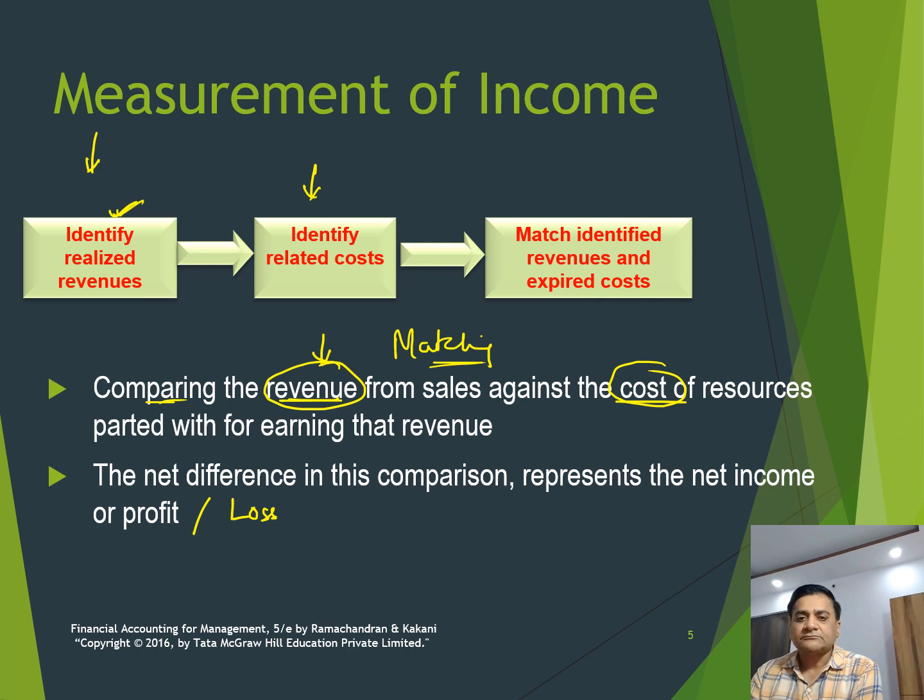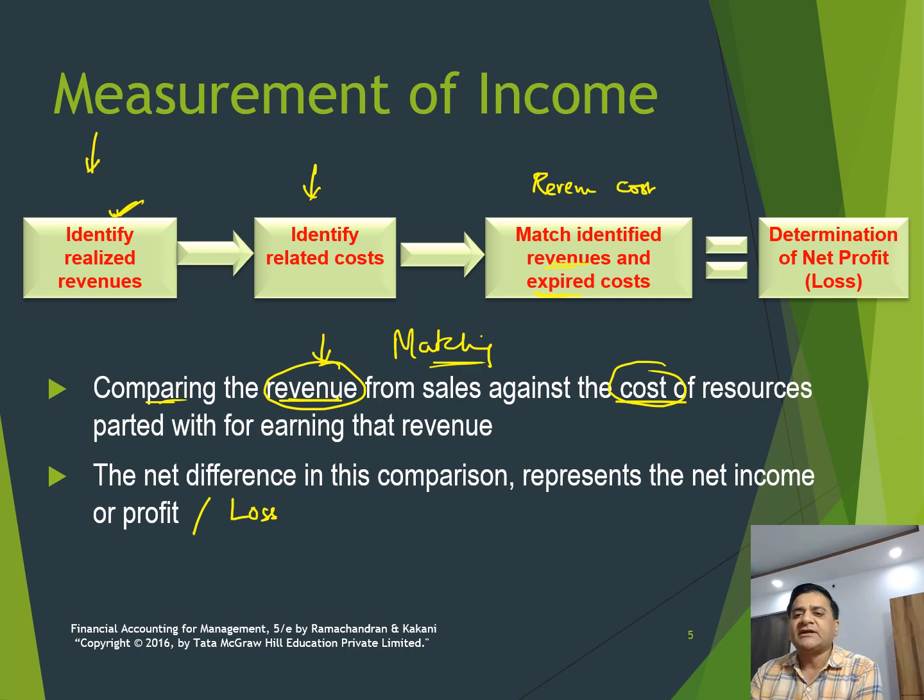And it matches the identified revenues with the expired costs. It compares and then it gives you the result. Either it would be a profit or it would be resulting in the loss.